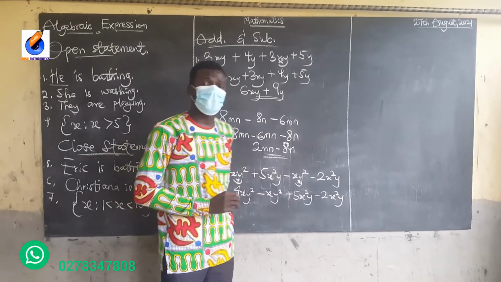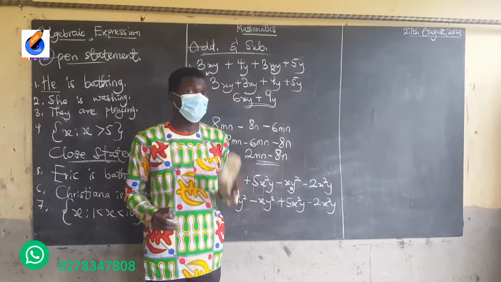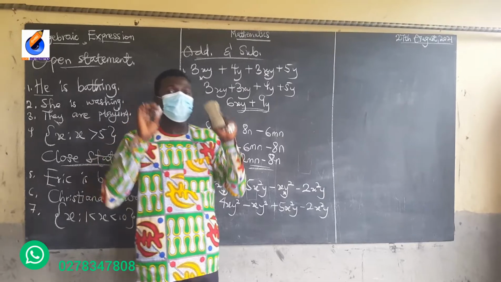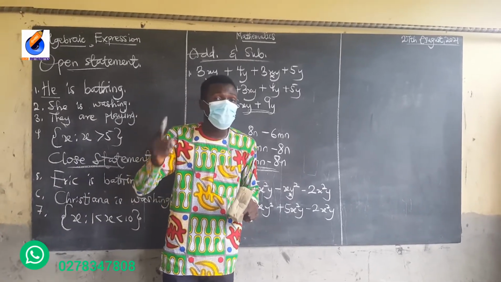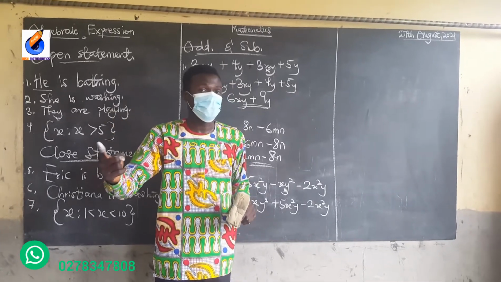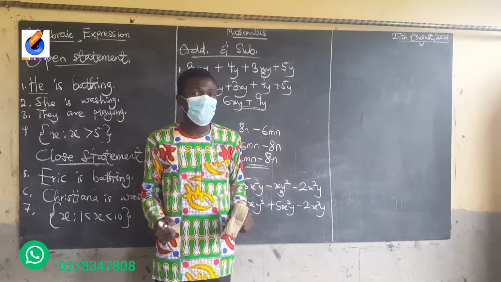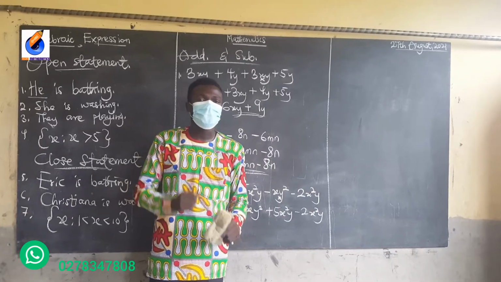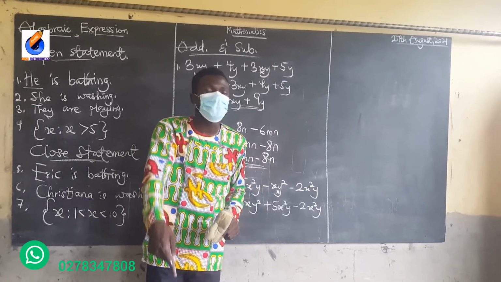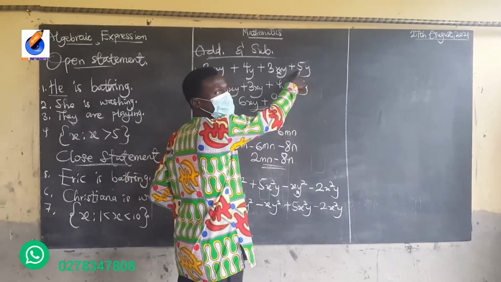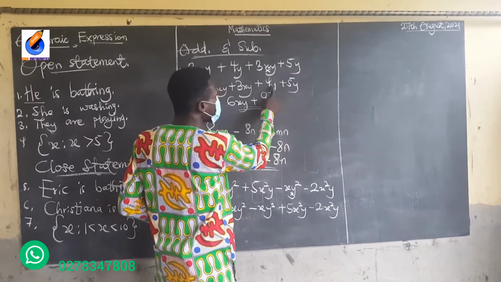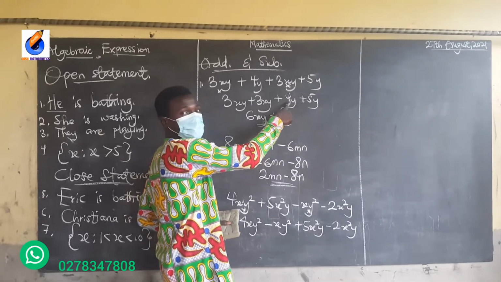Now remember that in our previous videos we said that any variable without a coefficient is 1. The coefficient is the number in front of the letter. So the coefficient of x squared y is 5, and the coefficient of xy squared is 4.